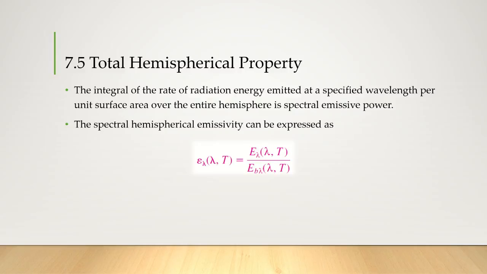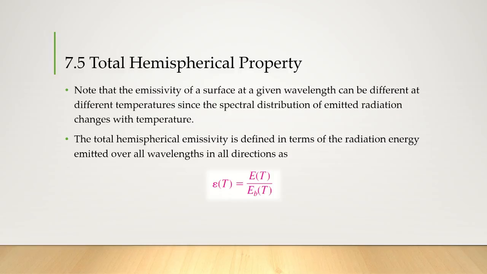The spectral hemispherical emissivity can be expressed as the equation below. Note that the emissivity of a surface at a given wavelength can be different at different temperatures, since the spectral distribution of emitted radiation changes with temperature.